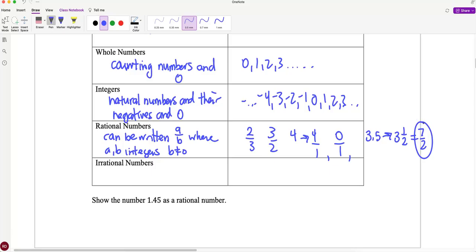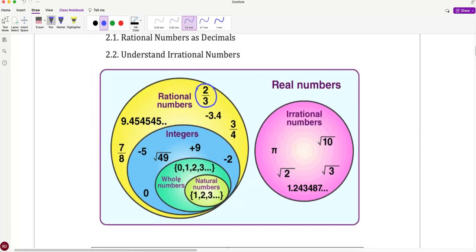Okay, now an irrational number, and we don't really like definitions like this, is a number that is not rational, okay? So basically, if you look at the camps up here, rational numbers can be written as a fraction of integers. Irrational numbers cannot. Examples of irrational: pi, it's a decimal that never terminates and never repeats.